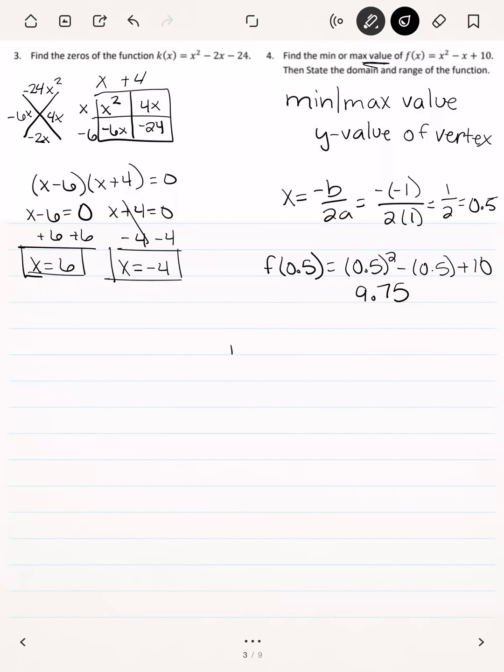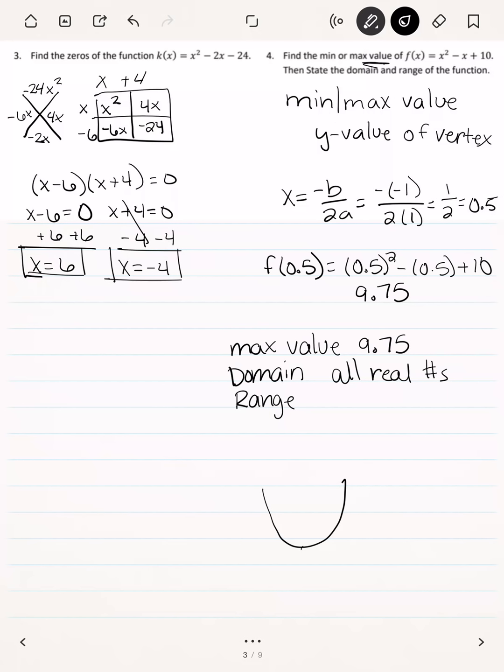Okay, so my max value is 9.75. Now I need to know my domain and my range. Well, remember, my domain is always all real numbers. Okay, my range goes bottom to top. So what I'm going to do is help draw a picture.